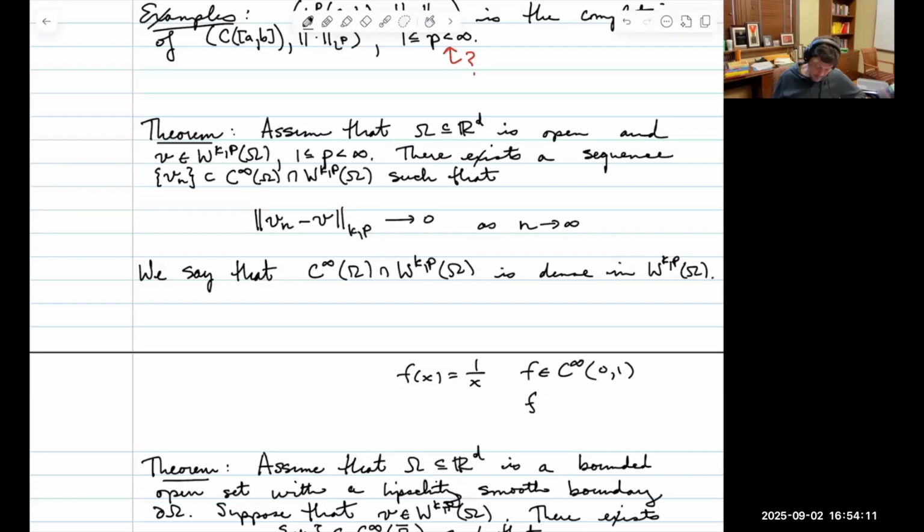But it's not even true that f is a C0 function on 0, 1. There's nothing I can do to make that true, right? Because this is blowing up. It's not a bounded function. So the discussion that I had above is related to a fact like this. This is a function that's in this space, but it's not in this space. Definitely not.